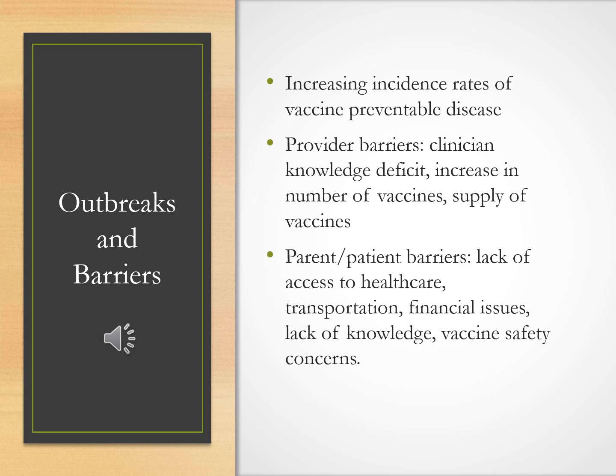There are also some provider barriers, such as clinical knowledge deficits, an increase in the number of vaccines, and the supply of the vaccines. And then you have the parent and patient barriers: lack of access to healthcare, transportation, financial issues, lack of knowledge, and vaccine safety concerns.